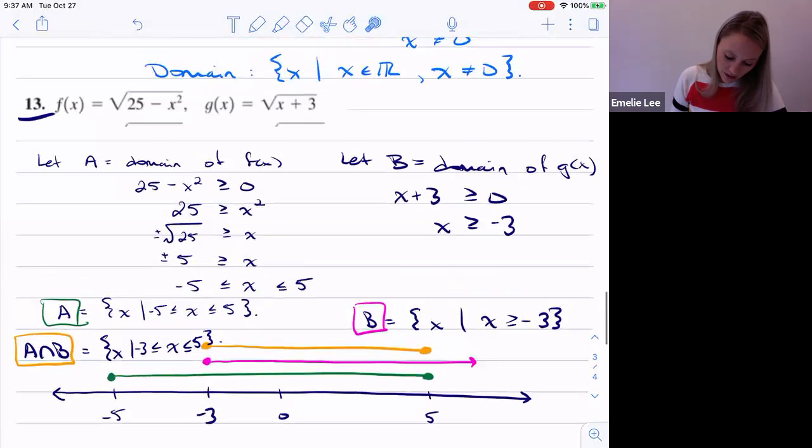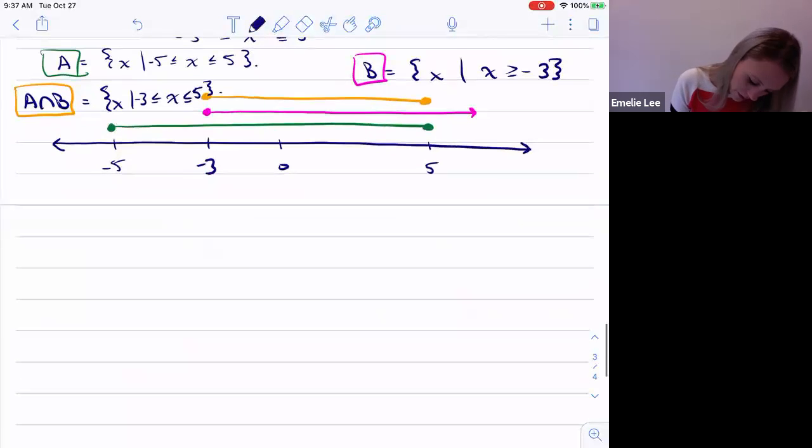Okay, so we found A and B. So this is the domain of f of x plus g of x, f of x minus g of x, and f times g of x. And then we have the added condition that the root of x plus 3 can't be 0 in the division, but we'll get there. So let's talk about f plus g of x.